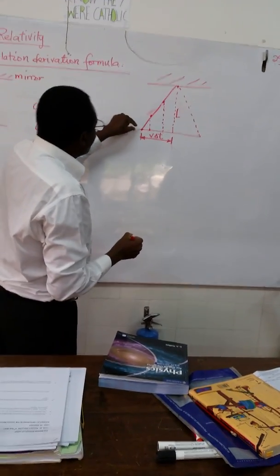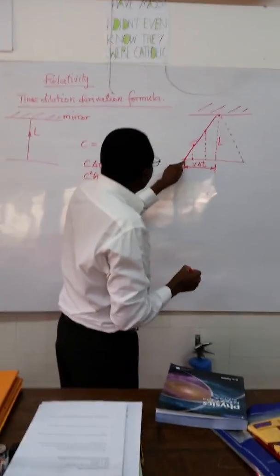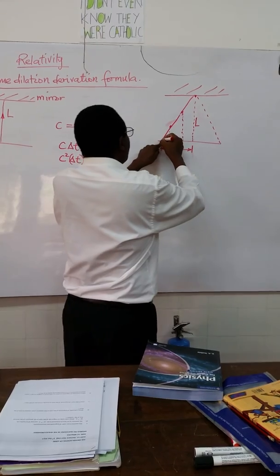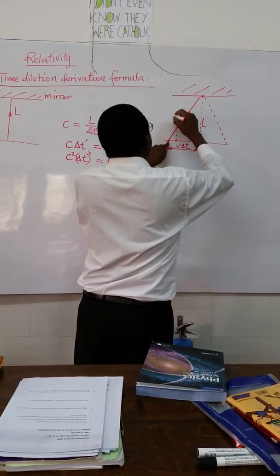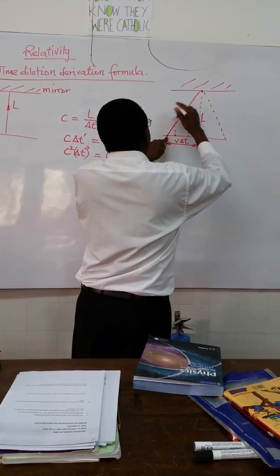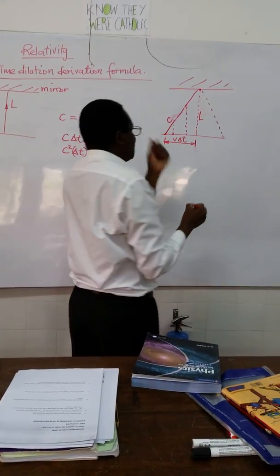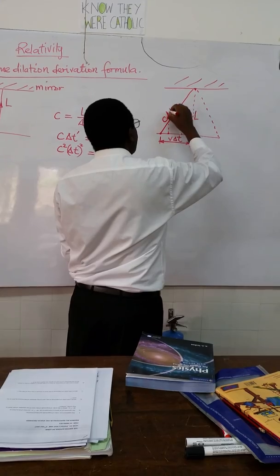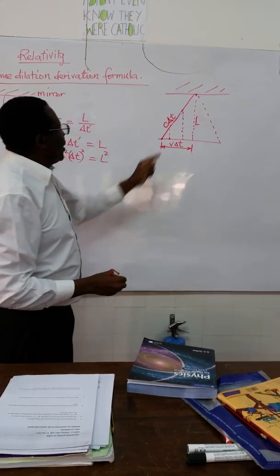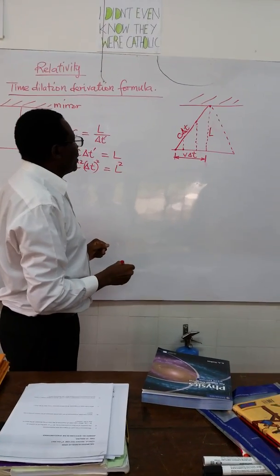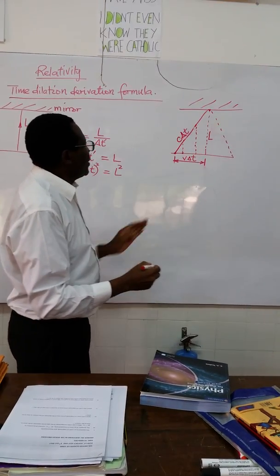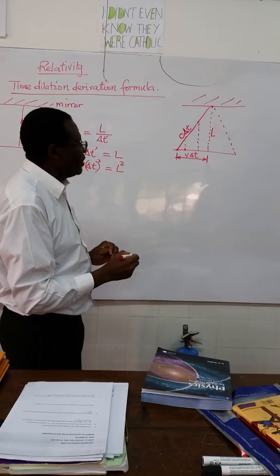And we also know that from this spot, according to this observer, this displacement is going to be a displacement equivalent to c, the speed of light, times the change in t. So according to the observer, this is what he or she imagines.